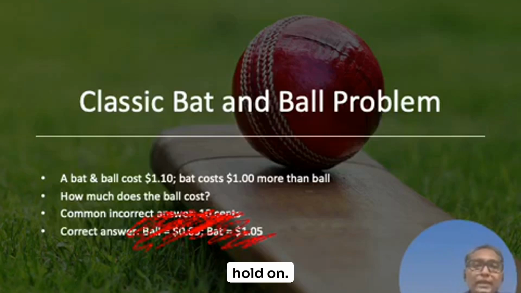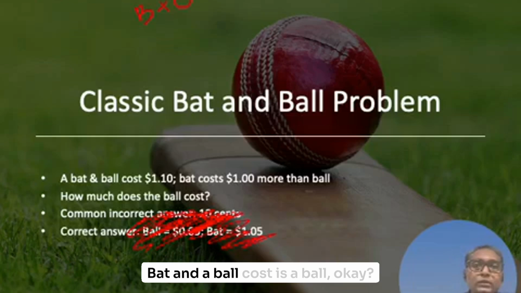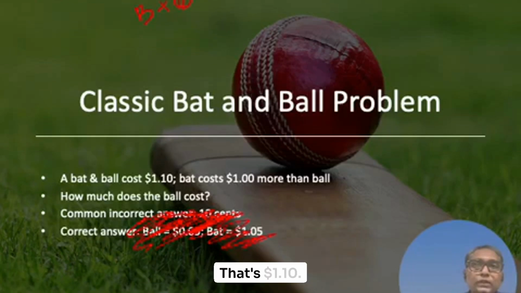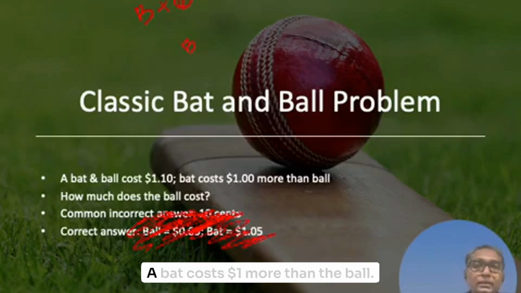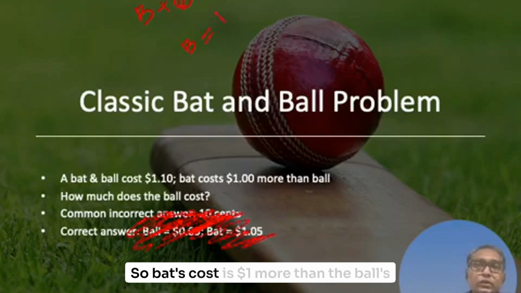Hold on. So a bat and a ball, right? The bat and the ball cost $1.10. The bat costs $1 more than the ball. So the bat's cost is $1 more than the ball's cost.